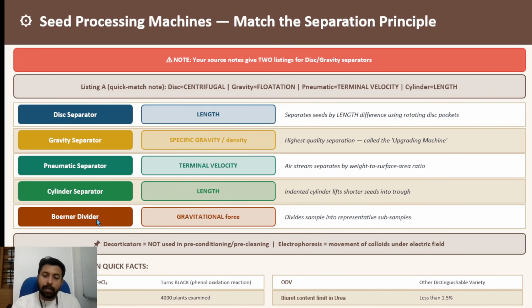The Bornier divider is mainly based on the gravitational force. Principle or parameter, machine name, which seed it can be applied to, and the mechanism by which it works. These four parameters you should be very thorough with. Hope this is very clear to everyone.